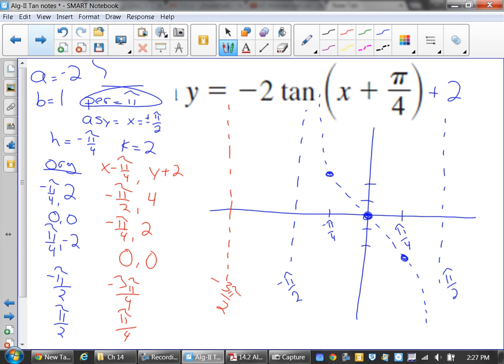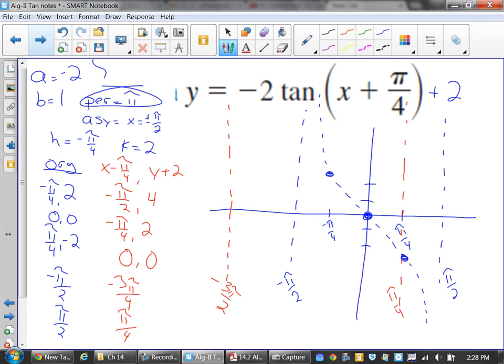Our other asymptote was at pi over 4. Tangent graphs are pretty cool if you have 2 different colors, because a lot of these points are going to overlap themselves. Or sometimes you might have an asymptote that goes through the y-axis. It's completely possible. It's not a big deal.